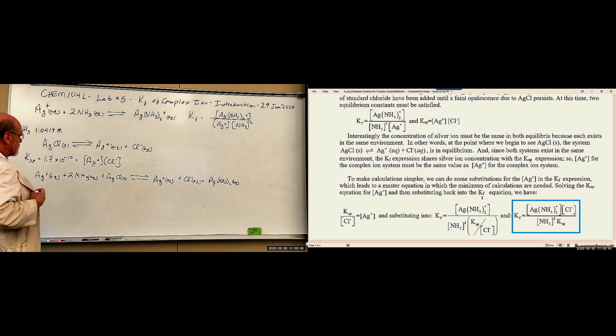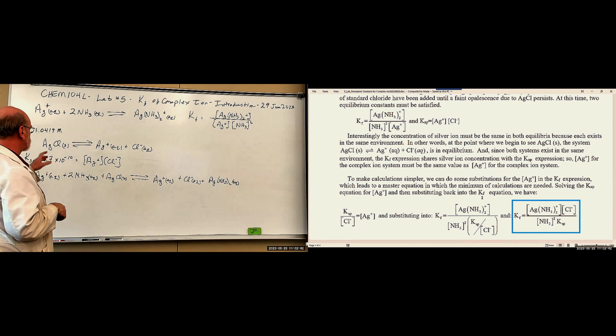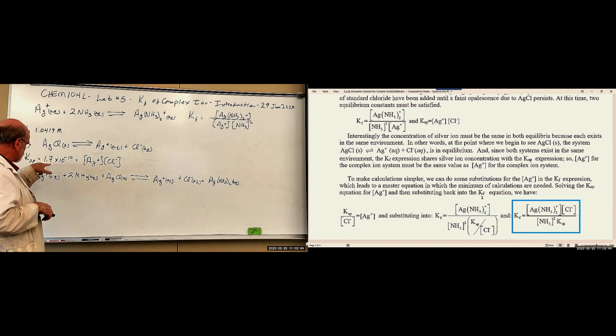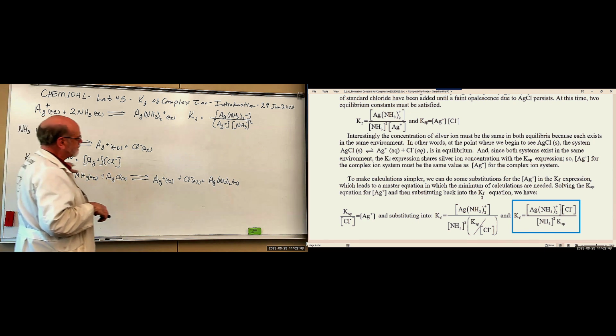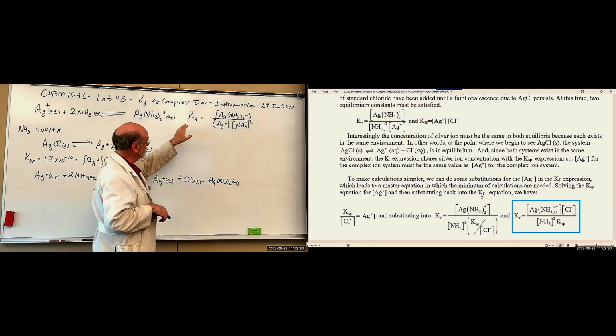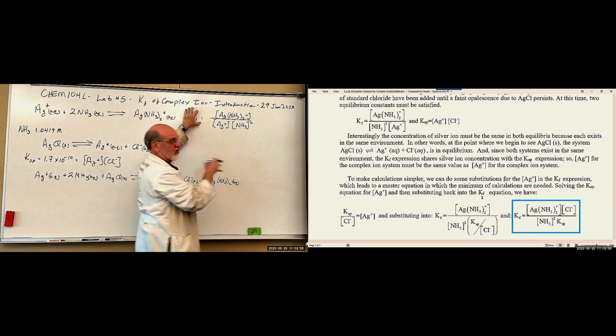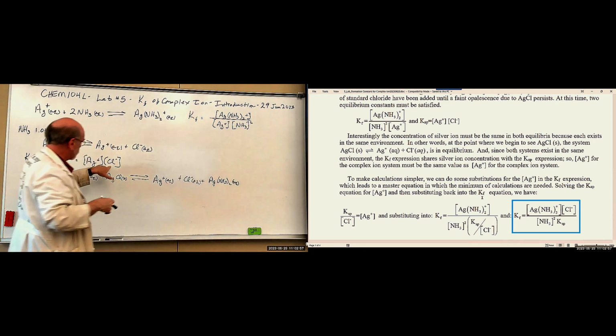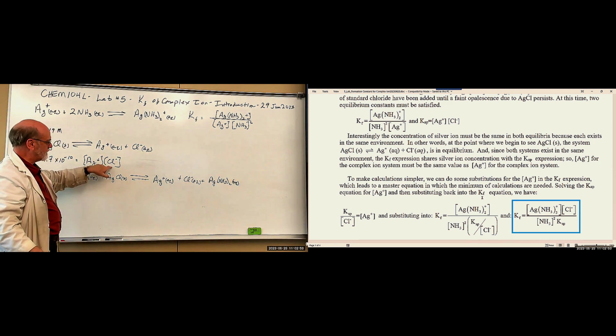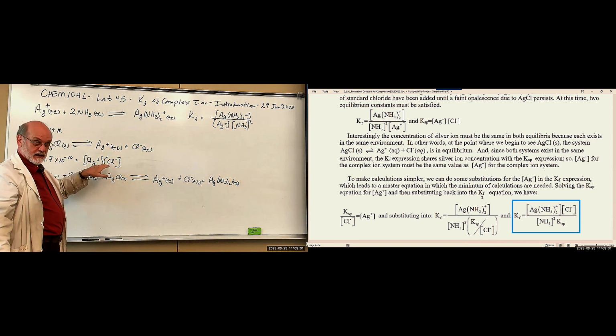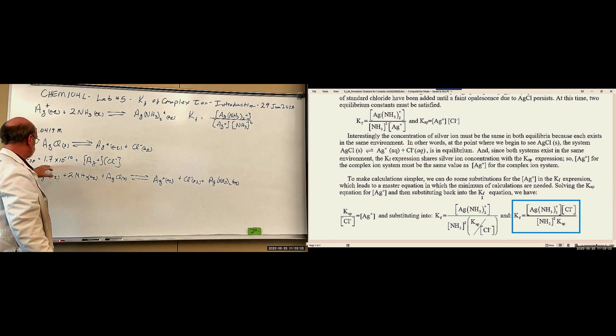All right, as far as the math goes, we're going to take this expression right here and see if we can fit it into that one, so that this equals something else that has chloride in it. Then when we do our titration and we know the amount of chloride we added, it'll fit into that calculation.